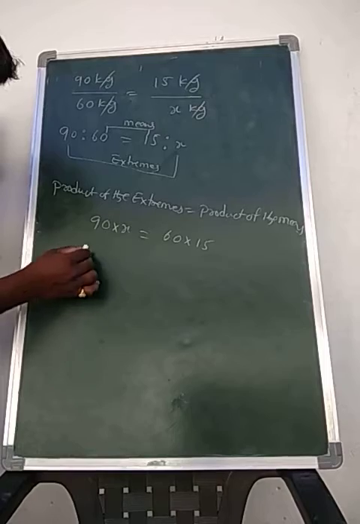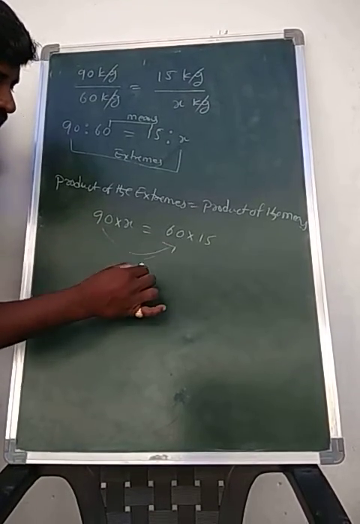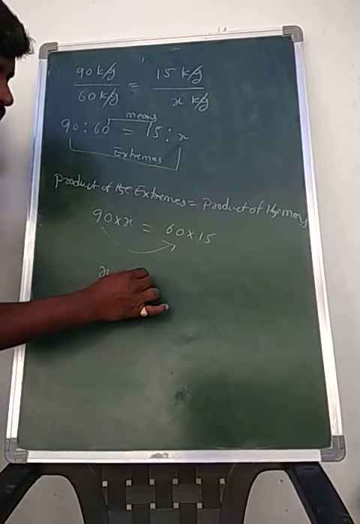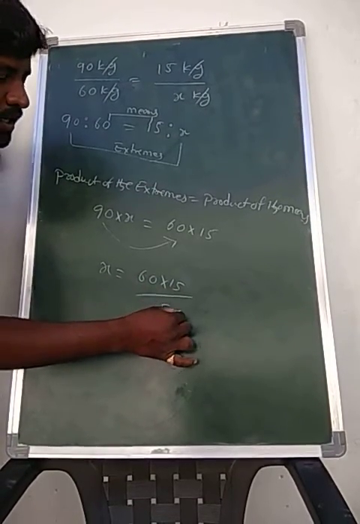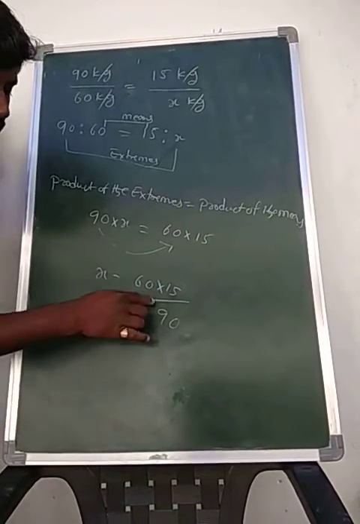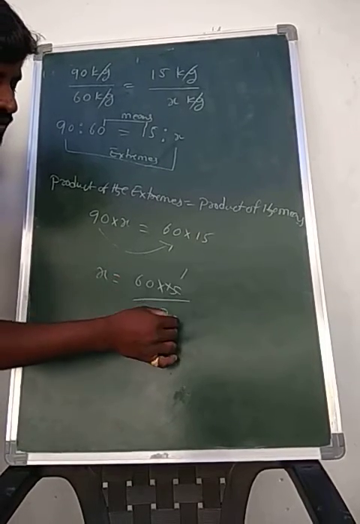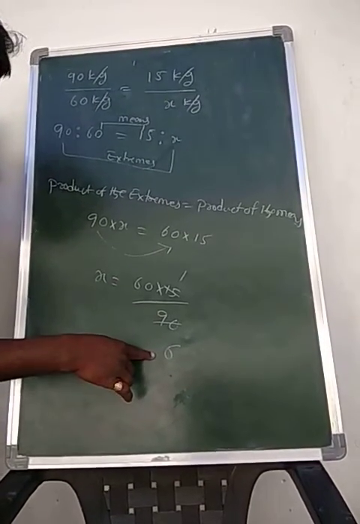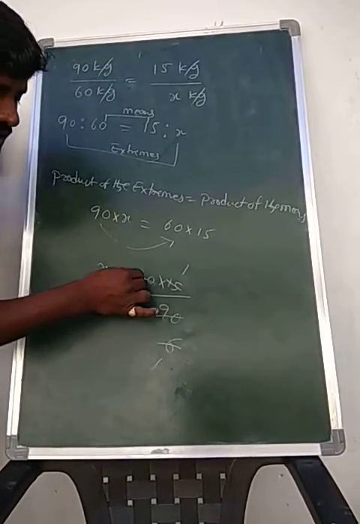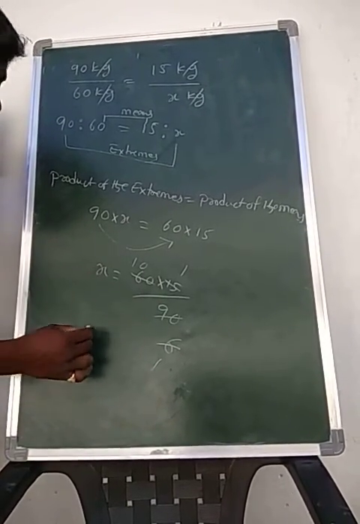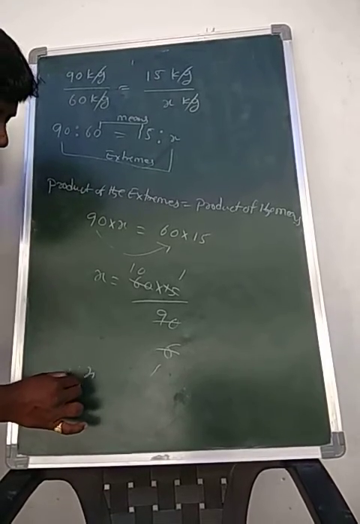So what I am doing, transposing 90 to the RHS side, then x is equal to 60 into 15 by 90. Using the 15 table, 15 ones are 15, 15 sixes are 90. Again using the 6 table, 6 ones are 6, 6 tens are 60. So therefore x is equal to what?